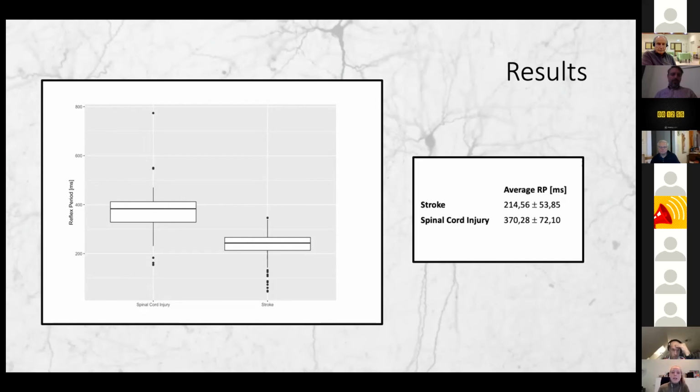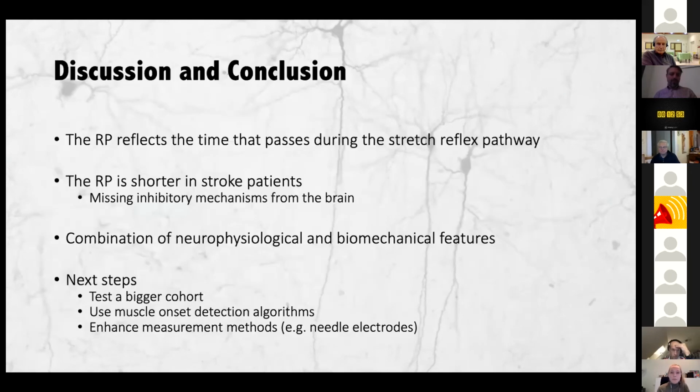Now, why could this be? We thought of it in a way that the reflex period might reflect the time that passes during the stretch reflex pathway. So the fact that the reflex period is shorter in stroke patients might indicate that there are some inhibitory mechanisms that are missing from the brain, that the brain is not sending.